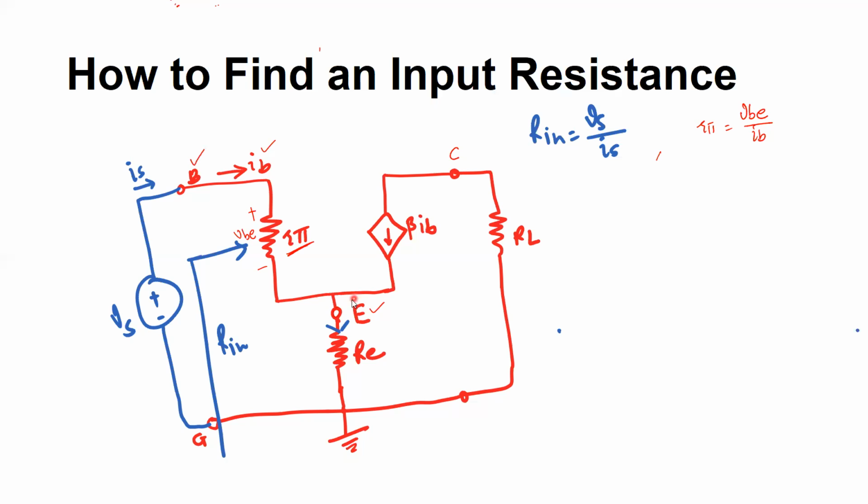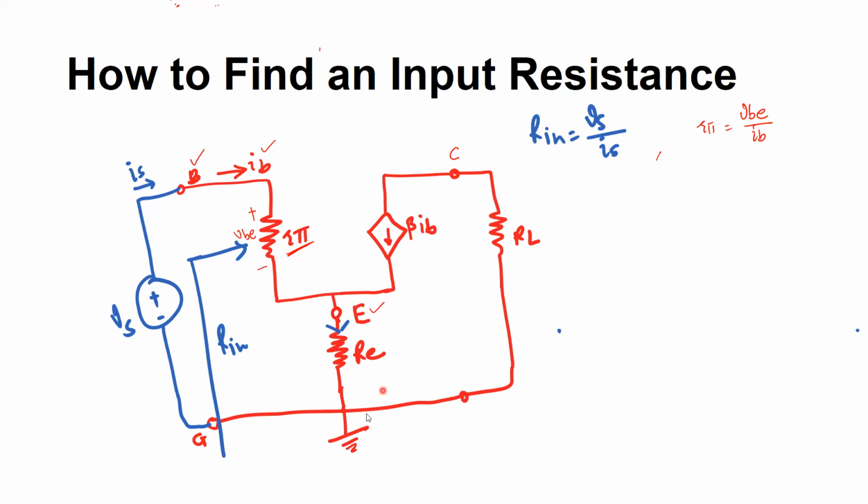Finally, you have an emitter resistance, which is also called the emitter degeneration resistance, and the current through this resistor is the emitter current IE, which is the sum of the input current and the output current. The input current is IB and the output current is IC. So IB plus beta times IB, which is IC, is equal to the current through RE.